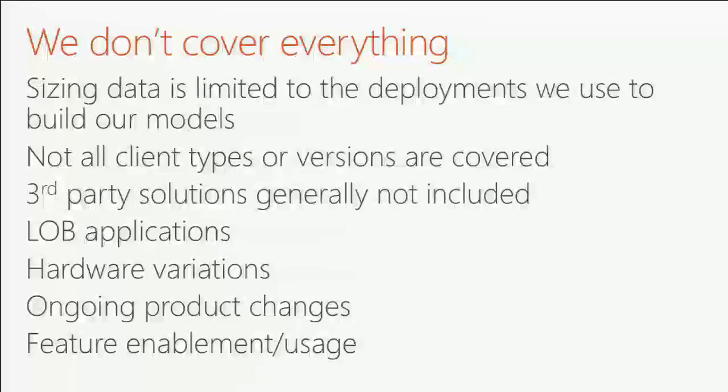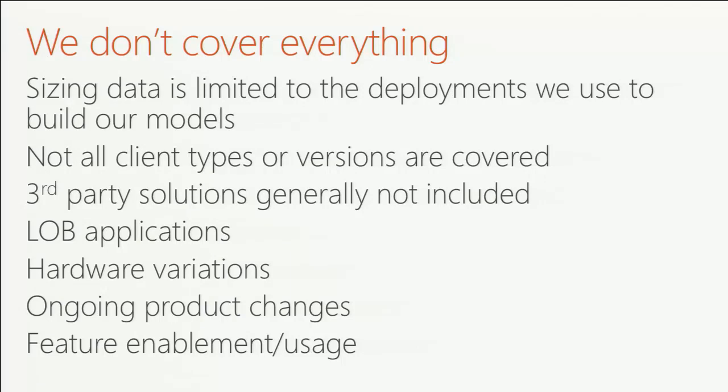Like I said, we don't cover everything. The sizing model that the guidance is based on is really based on our internal production deployments. We don't run many, if any, third-party products in those deployments. So there are backup solutions, journaling solutions, mobile device management solutions, you name it. All kinds of products that impact Exchange performance in some way that are going to impact sizing.